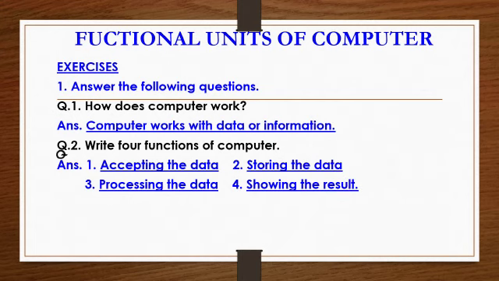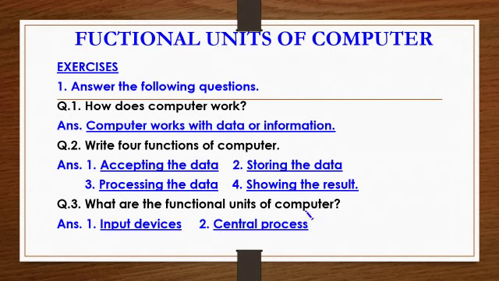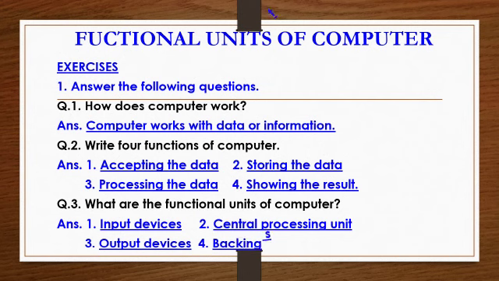And question number 3. What are the functional units of computer? Now the answer is number 1, input devices, number 2, central processing unit, number 3, output devices, number 4, backing storage devices.